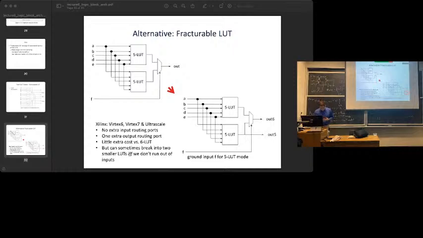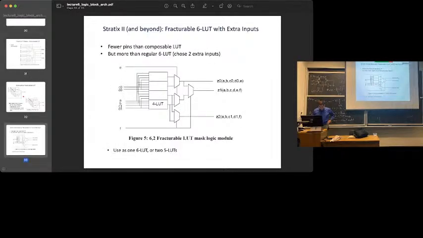What Altera did is the same idea, but they decided they'd spend a little bit of area. This figure is actually not quite as clean as what I had in the other one, but they basically can take a 5 LUT and bring the signal out, or another 5 LUT and bring the signal out.